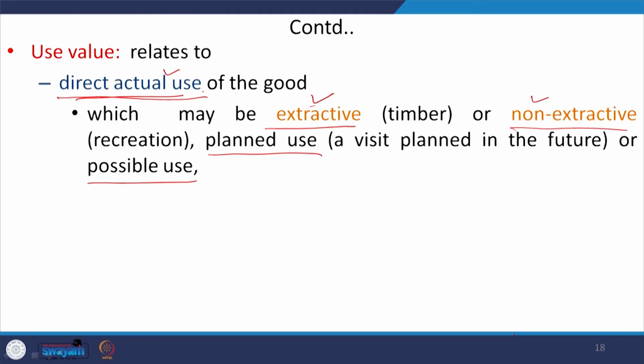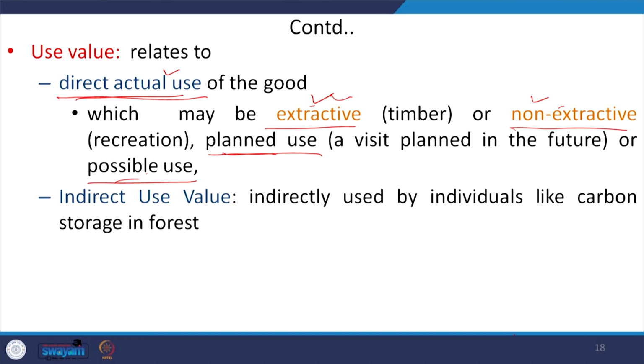The third one is possible use. You are not planning, but still there is a possibility you may use this particular good. So, whatever the case is, these are the actual use values based on whether it is extractive or non-extractive, whether it is planned or non-planned, or whether it is possible.